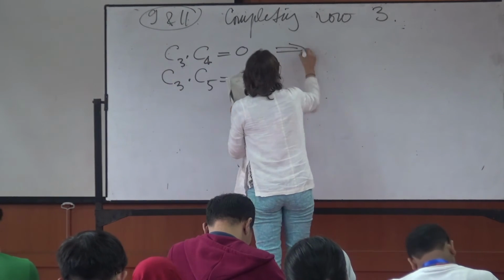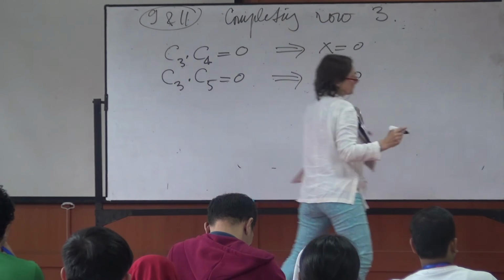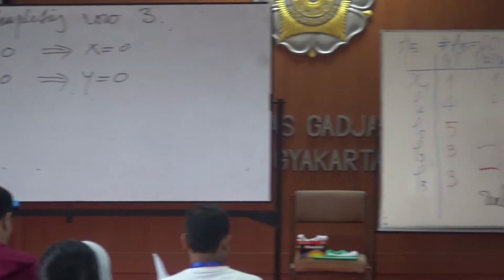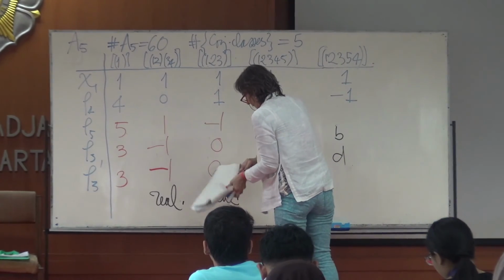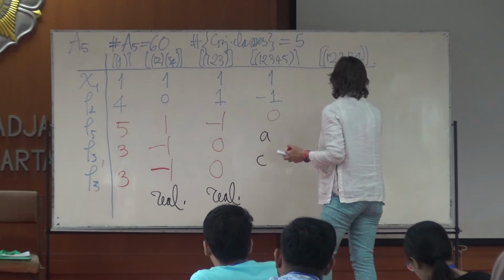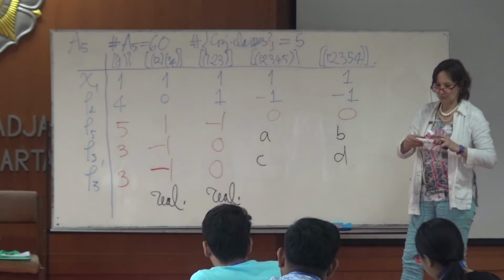So this implies that x is 0, and this implies that y is 0. So we completed the line here: 0 and 0. Now we are left with these last 4 elements, which we should determine.